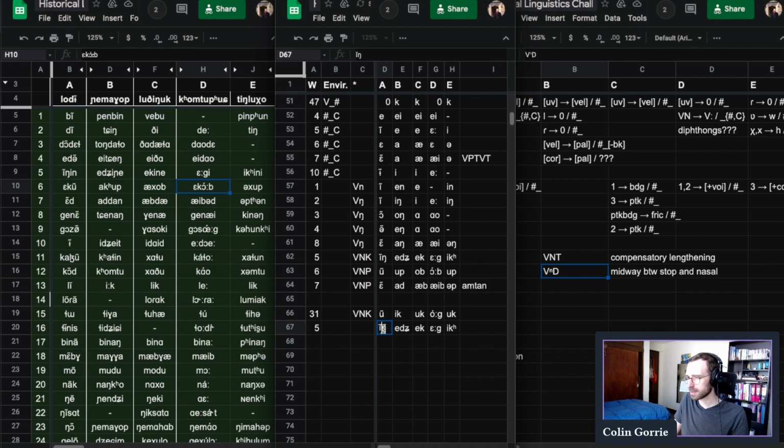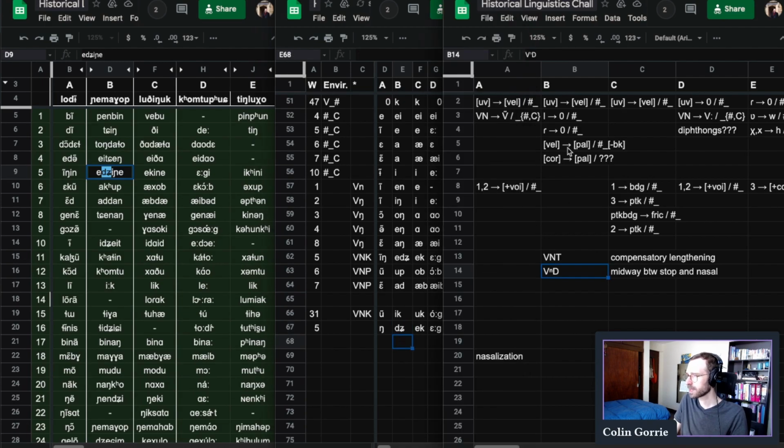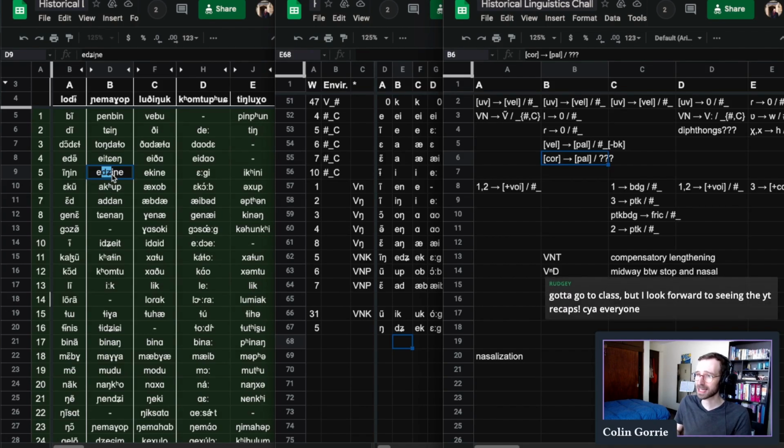It seems like we have some kind of nasal in A. We have the affricate in B, which is explained by our nascent rule here. Coronals have to become palatal under some circumstances, probably before front or high vowels. Certainly this case is both.